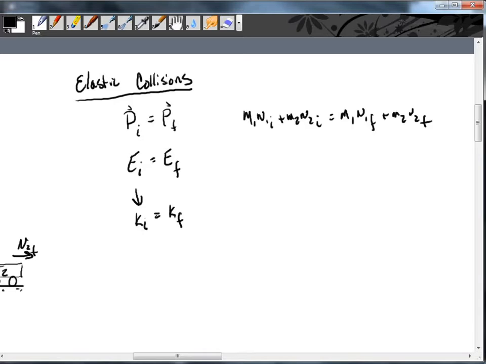But we have two equations and two unknowns, assuming our masses are constant. 1/2 m1 v1 squared initial plus 1/2 m2 v2 squared initial is going to equal 1/2 m1 v1 final squared plus 1/2 m2 v2 final squared.